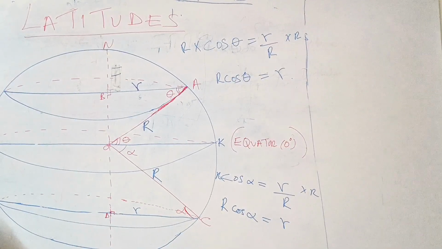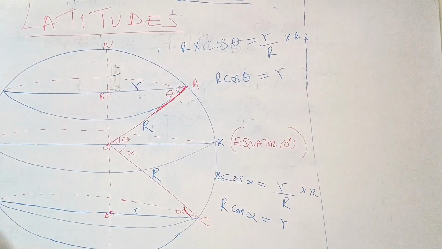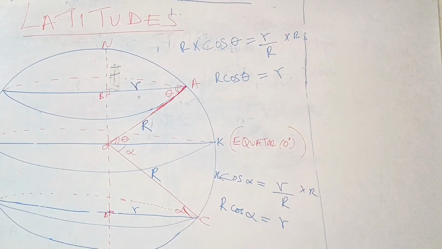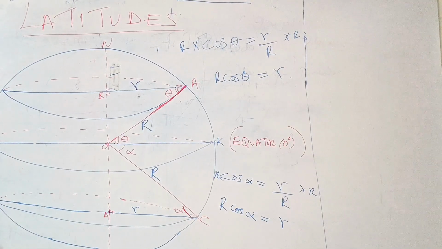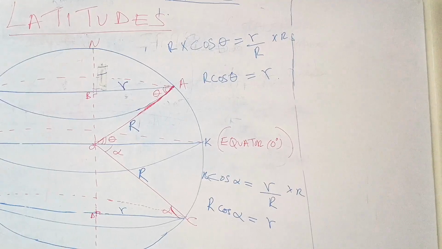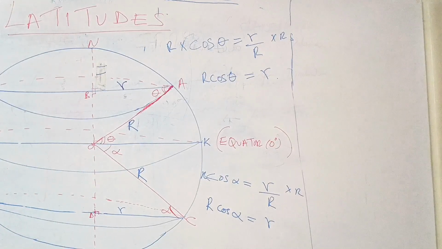We can say therefore that the radius of a circle of latitude theta degrees north or south of the equator is given by r cos theta, where r is the radius of the earth and theta is the latitude.